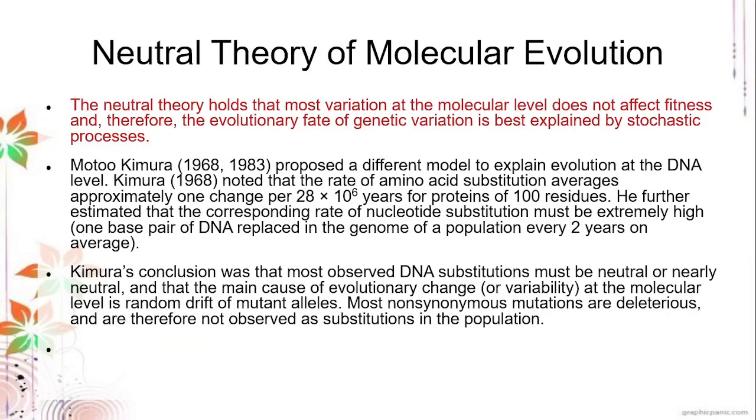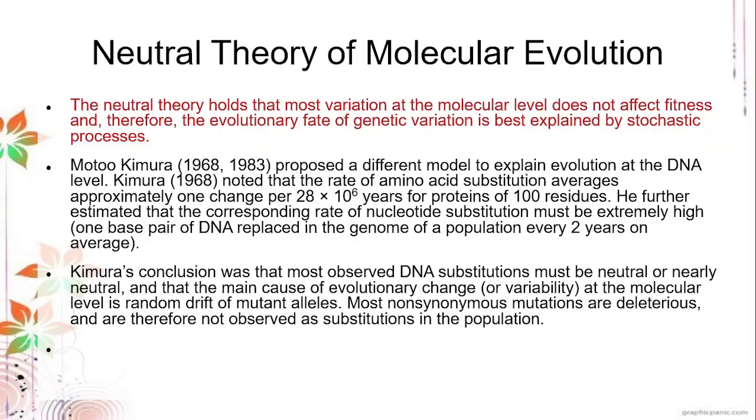Okay, and now we have the neutral theory of molecular evolution. Because we have positive and negative selection that give advantages or disadvantages, the neutral theory, on the other hand, posits that most of the variations at the molecular level that we currently have do not have much of an effect on fitness. Therefore, the evolutionary fate of genetic variation is explained by stochastic processes.